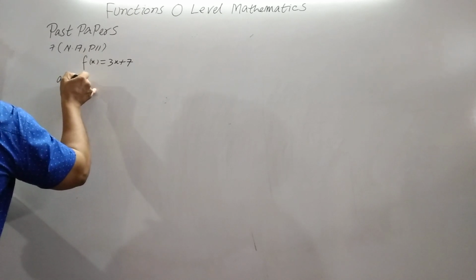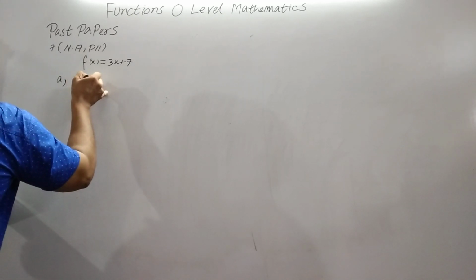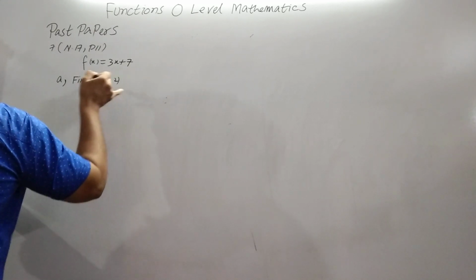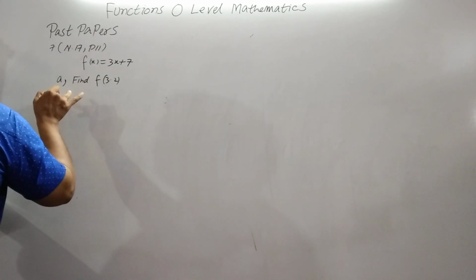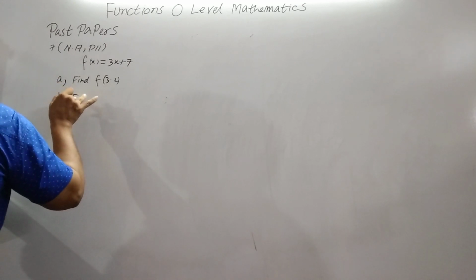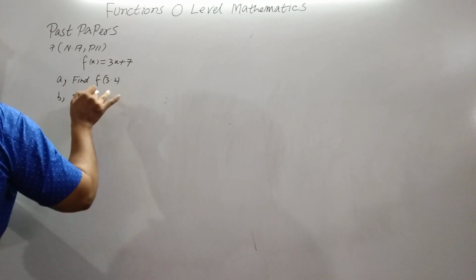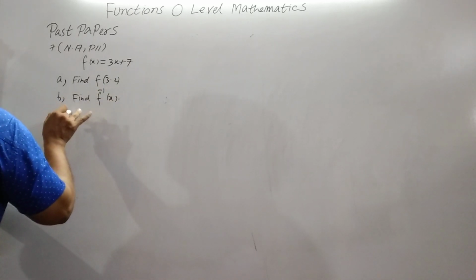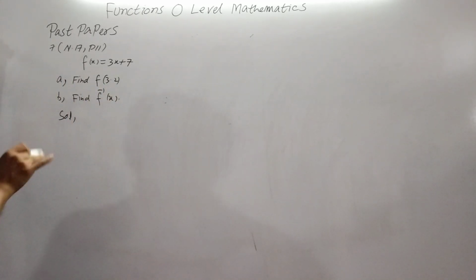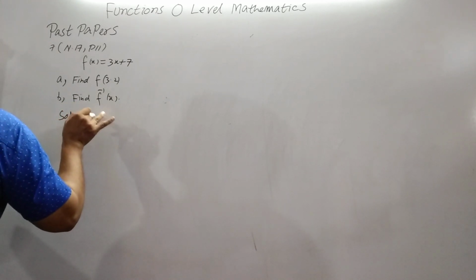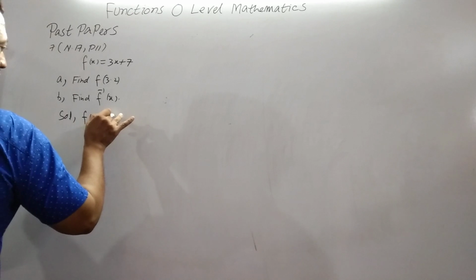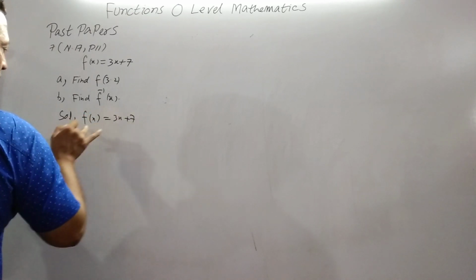Part A: find f of 3.2. Part B: find f inverse x. Solution. First part is given f(x) = 3x + 7.